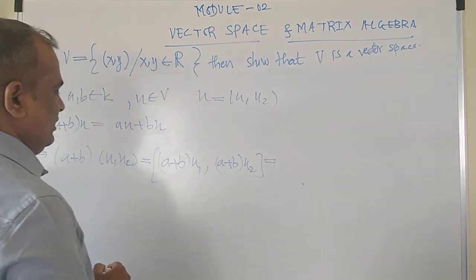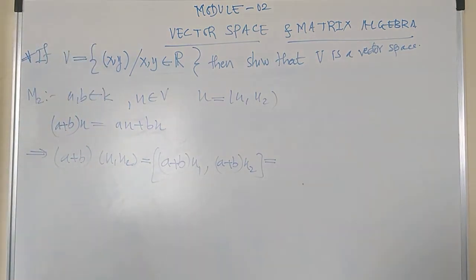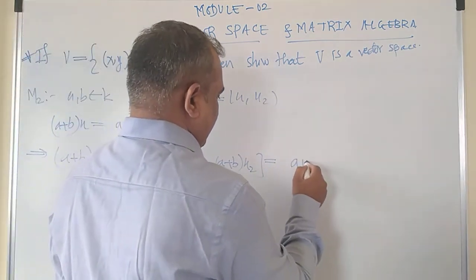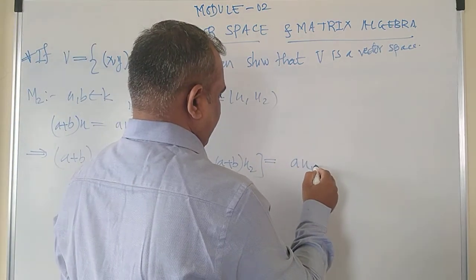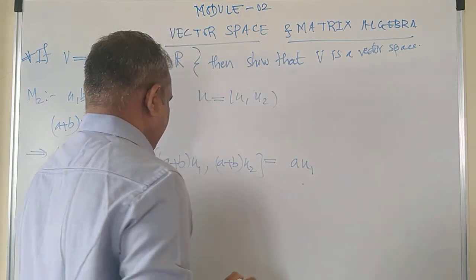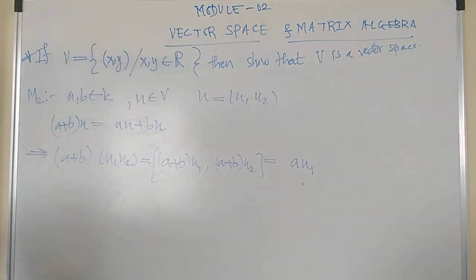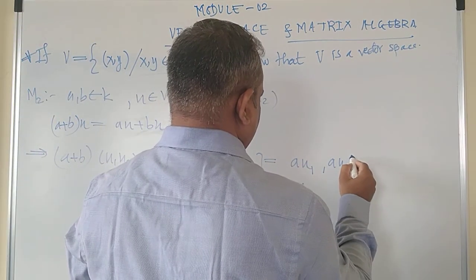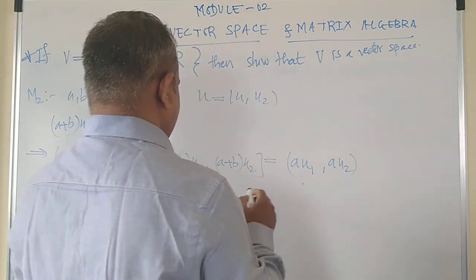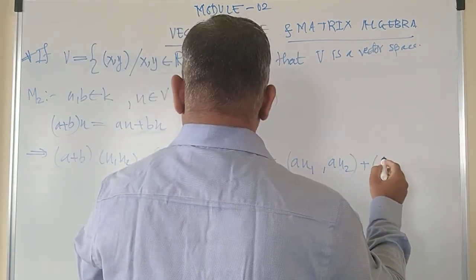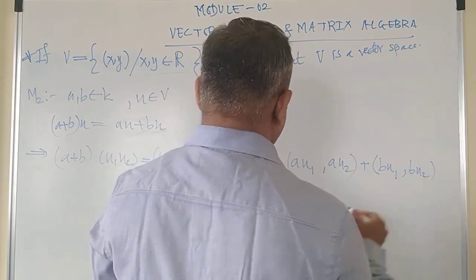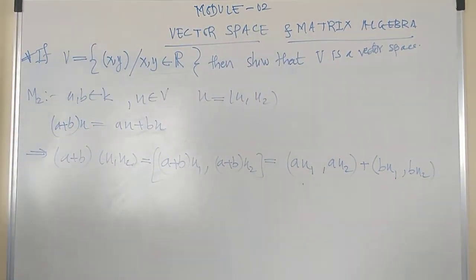This gives us a u1 plus b u1, you can write, right? Or you can write first a u1, a u2, and then plus you will be able to write b u1 and b u2, isn't it?